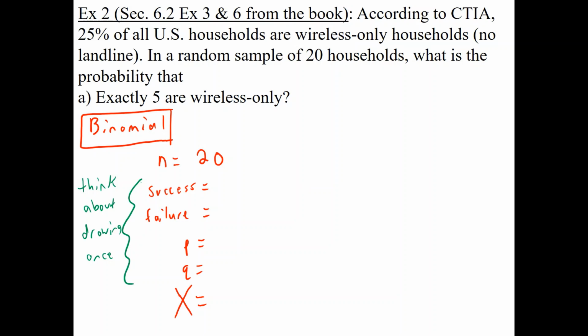So if you select only one household, how do you know if you have a success? The answer is if it's wireless only, because wireless only is what they're asking about. So if the selected household, notice I'm saying the selected household, because I'm thinking about only selecting one, is wireless only.